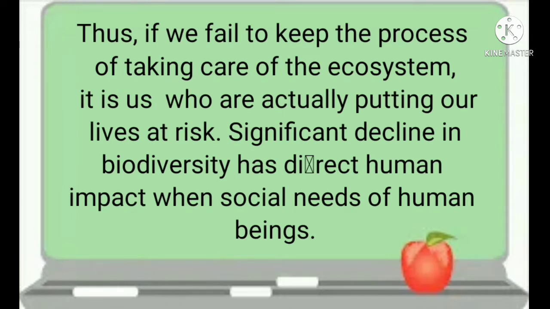Thus, if you fail to keep the process of taking care of the ecosystem, it is us who are actually putting our lives at risk. And significant decline in biodiversity has a direct human impact on the social needs of human beings. That's why we need to give full love and attention to care for our biodiversity and ecosystem.